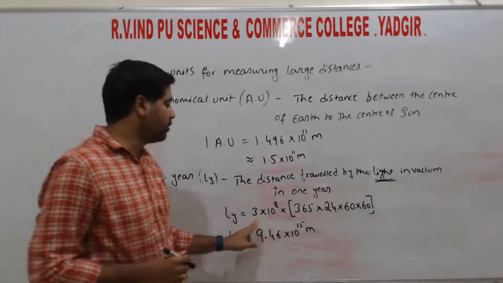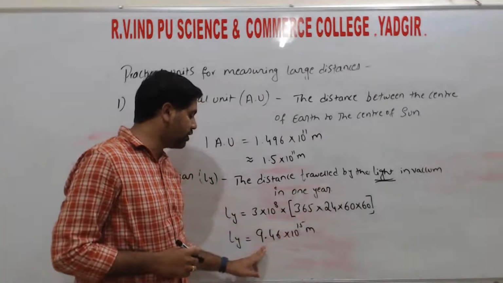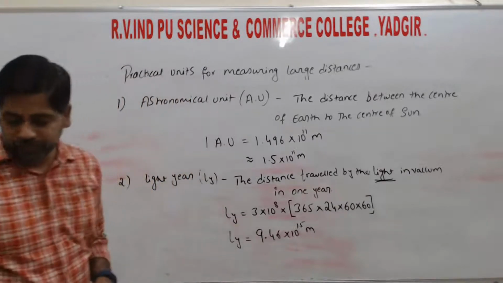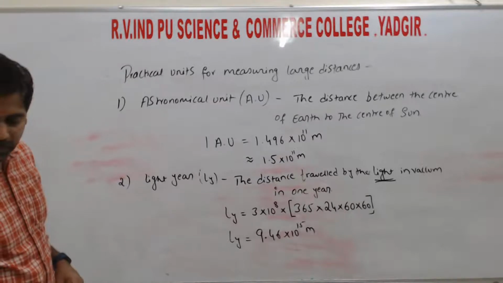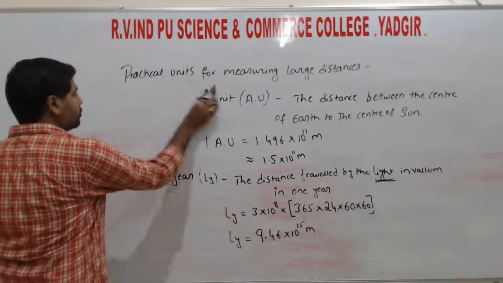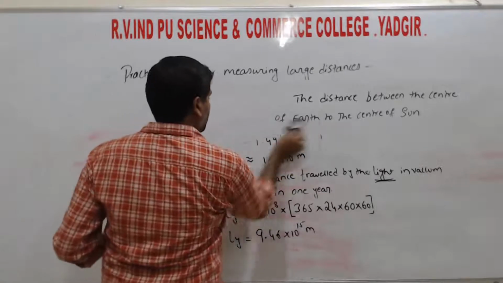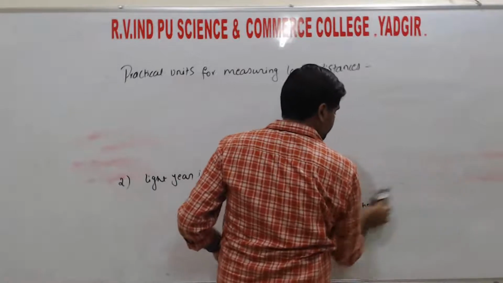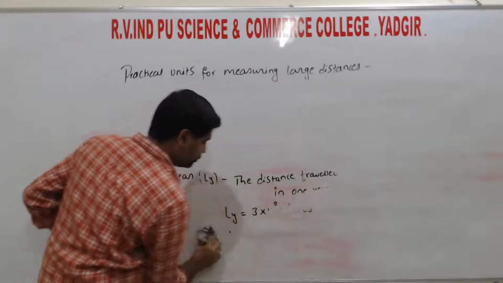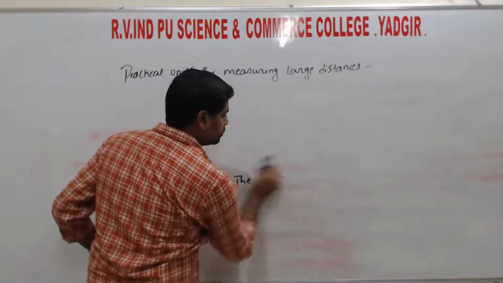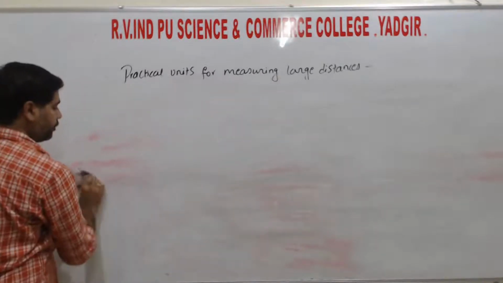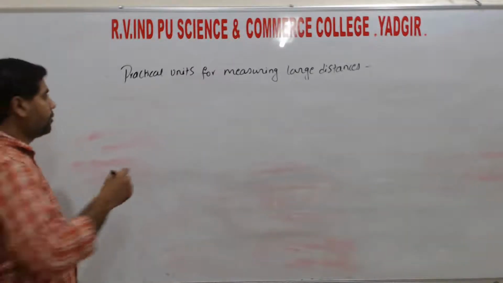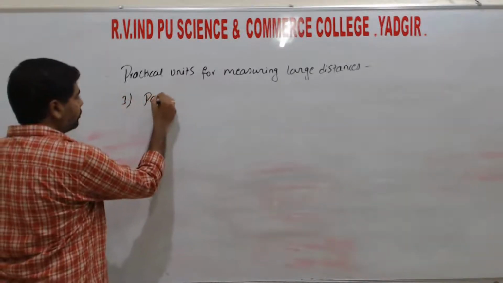If we multiply and simplify, we get the value 9.46 into 10 to the power of 15 meter, right? So the next one, the third one, is parsec.